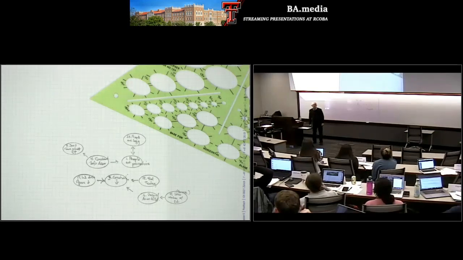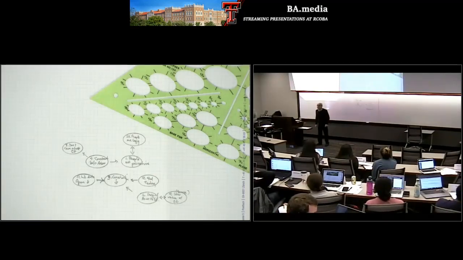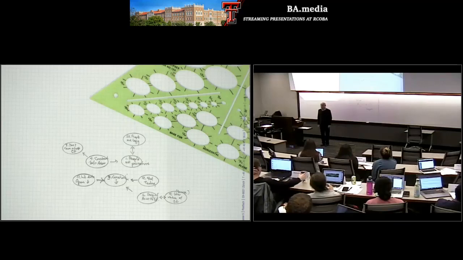Do you think it's a two-headed arrow? I think it could be, yeah. Maybe there's a line leading into standardized testing from the value on education.